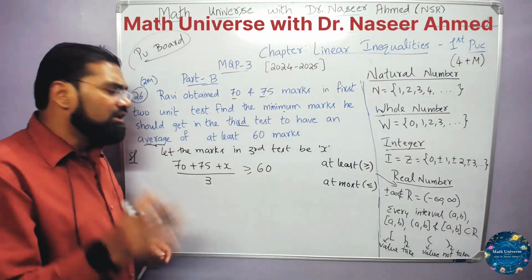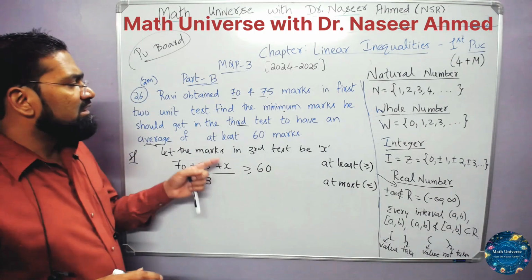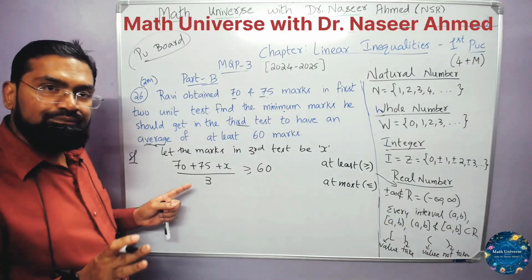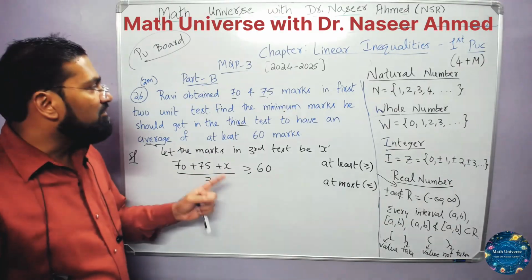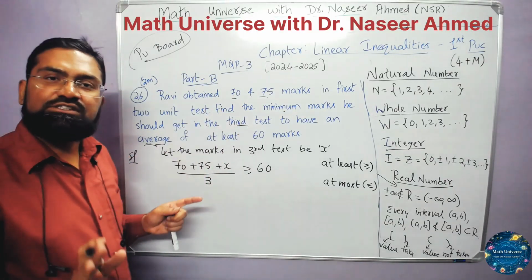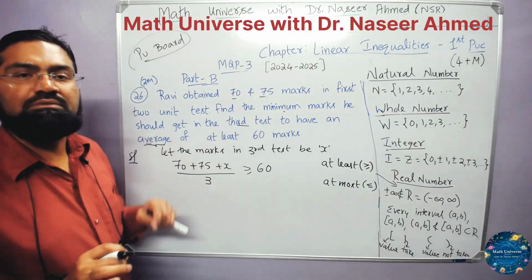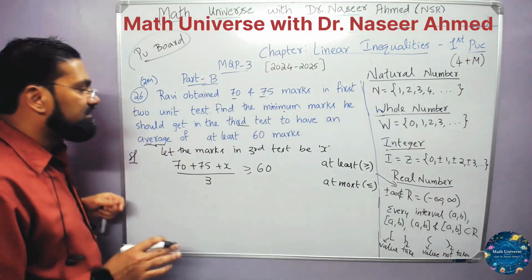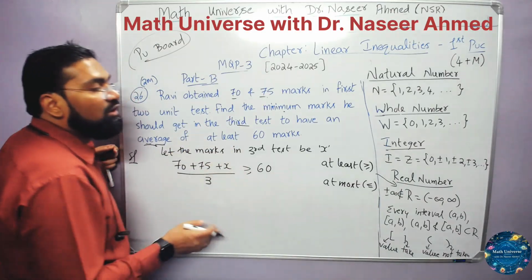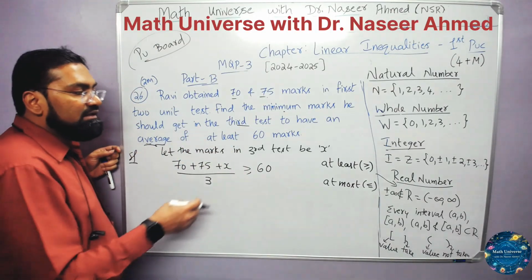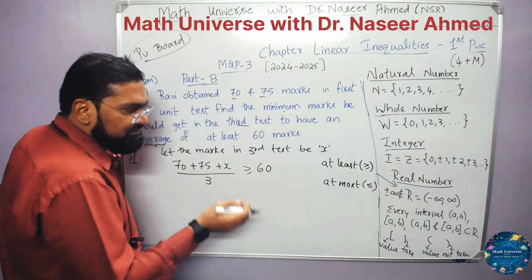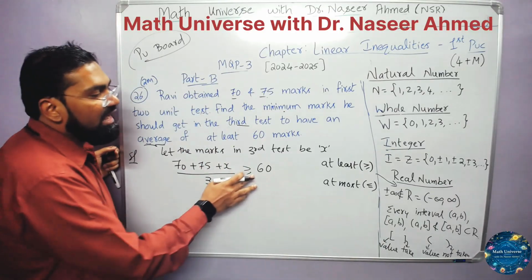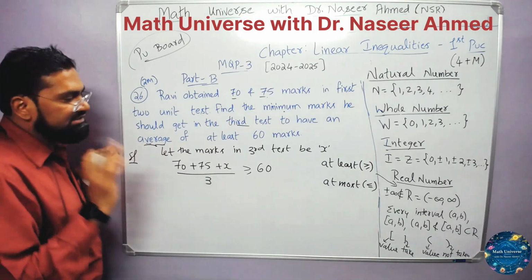In school days, the question used to be like this: what should be the marks scored by Ravi in the third test so that his average should be 60, provided he scored 70 and 75 marks in the first 2 tests. The words at least were not mentioned. Direct, his average should be 60. Now here, since inequality is there, what should be the minimum marks? Nothing but the least marks for which the average can be maintained at 60. Even if you scored more than that, the average is surely more than or equal to 60.